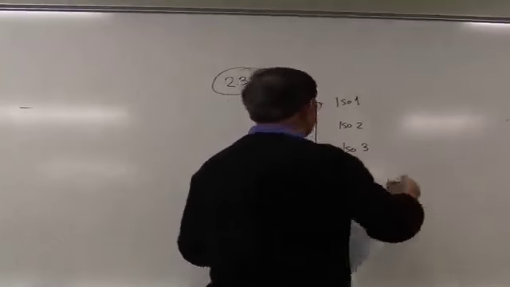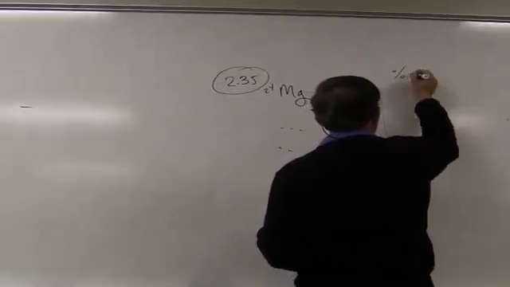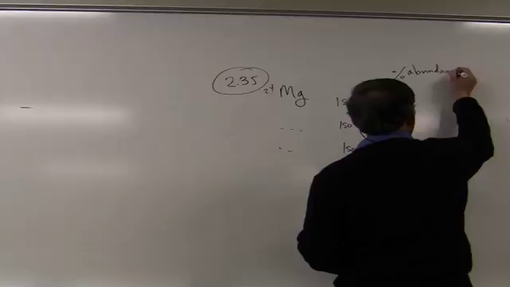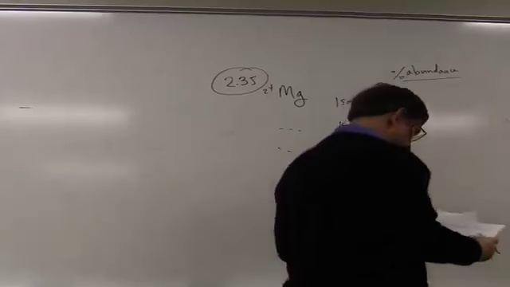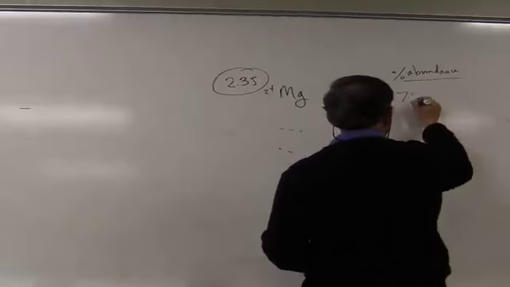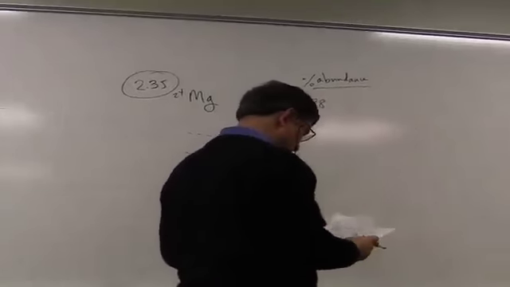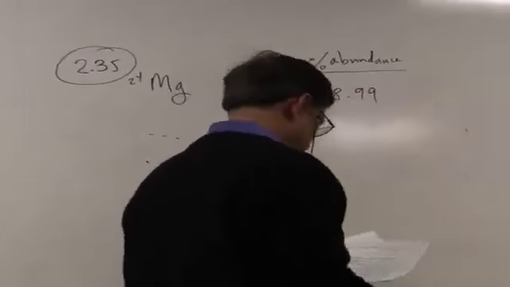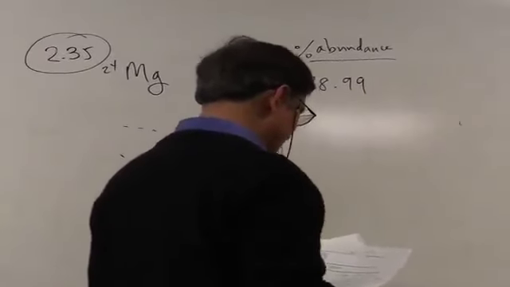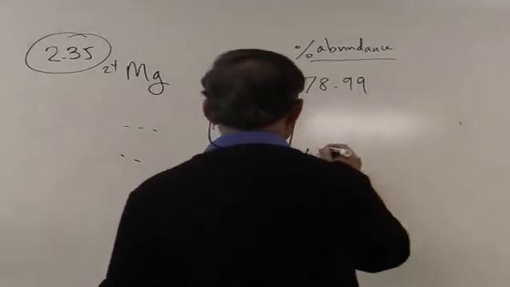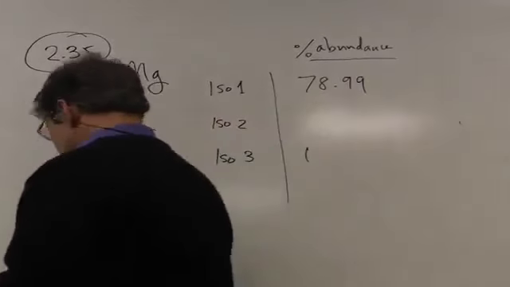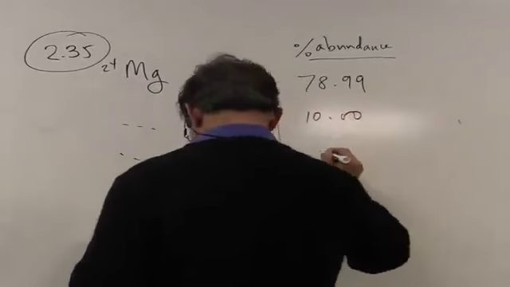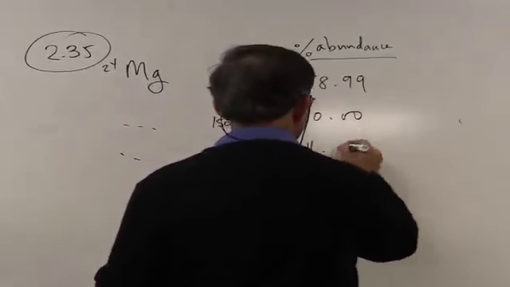Now, the values are percent abundance. If you have a book in front of you, it's a good idea to look at it so that you know exactly what is going on here. At least you should be able to read the question and understand better. So percent abundance of isotope 1 is 78.99, isotope 2 is 10.00, and isotope 3 is 11.01.